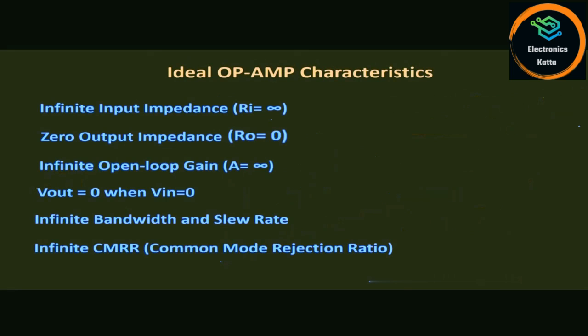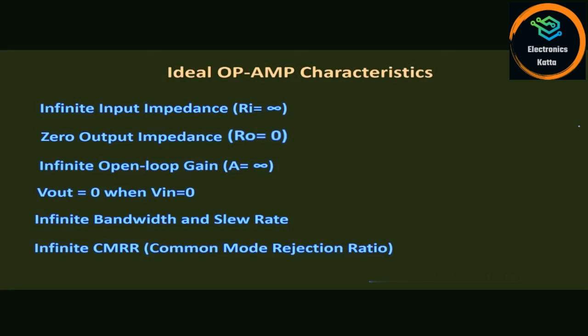So here is the list of different ideal op-amp characteristics. The ideal op-amp has an infinite input impedance, zero output impedance, infinite open loop gain, and infinite bandwidth and slew rate. In this ideal op-amp, whenever the input is equal to 0, at that time the output is also 0. And this ideal op-amp has an infinite common mode rejection ratio.